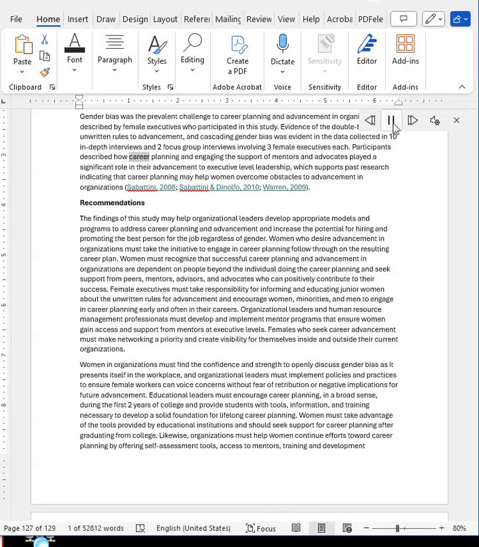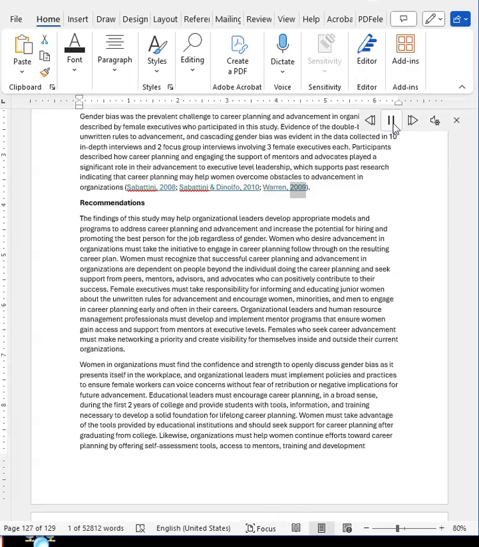Participants described how career planning and engaging the support of mentors and advocates played a significant role in their advancement to executive-level leadership, which supports past research indicating that career planning may help women overcome obstacles to advancement in organizations. Sabatini, 2008. Sabatini and Dinolfo, 2010.